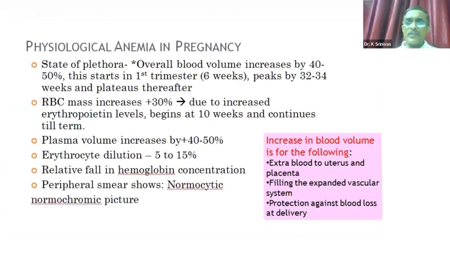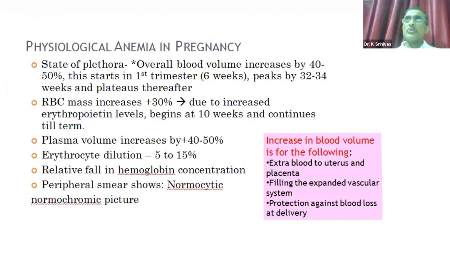Now a word about physiological anemia of pregnancy. You know, the blood volume has to increase in pregnancy for various reasons. There is a need for extra blood to the uterus and placenta, and with the dilated vascular system and the peripheral resistance being less, the intravascular volume is more, so it needs to be filled with blood.